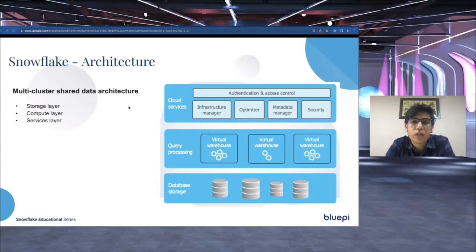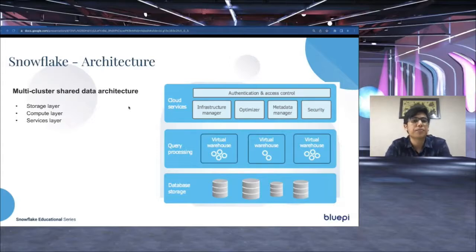So within a virtual warehouse, you will have different clusters as well, where your actual query will run. If you fire a query to do some analysis, let's say get the sum of salaries of all your employees, data will be fetched from the data storage layer into the virtual warehouse. The query will be computed and you will get the result via the query processing layer.